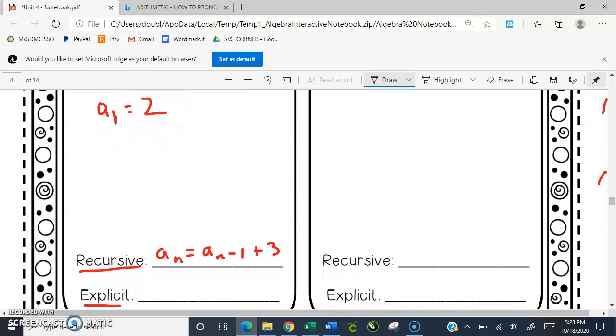Now for our explicit formula, we need our common difference and our initial term. Let me draw it up here.